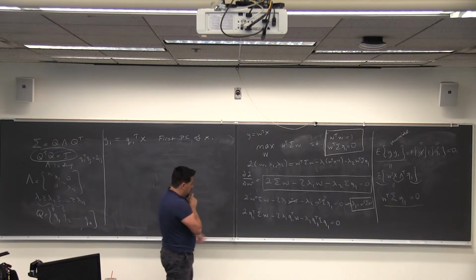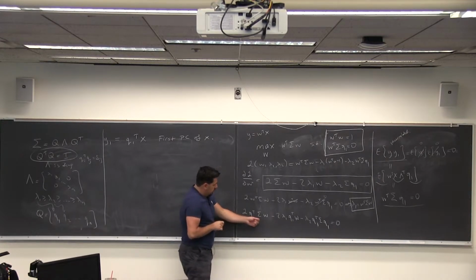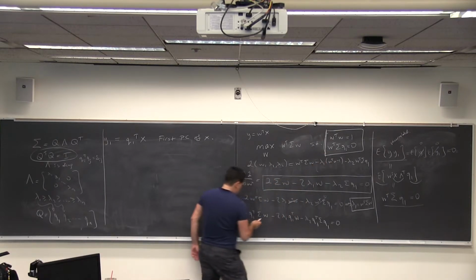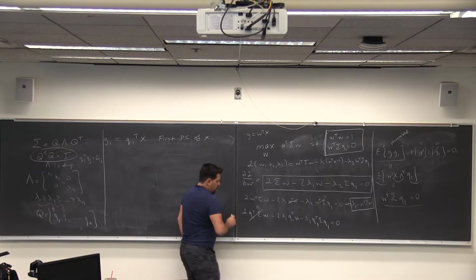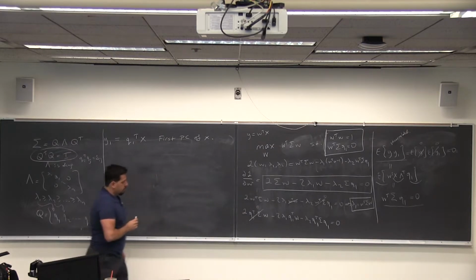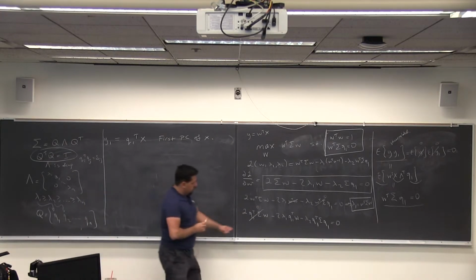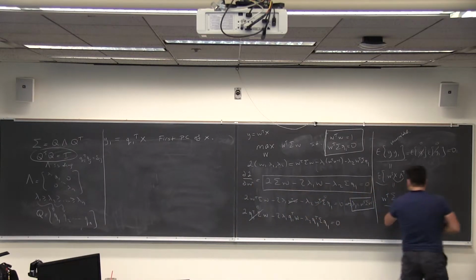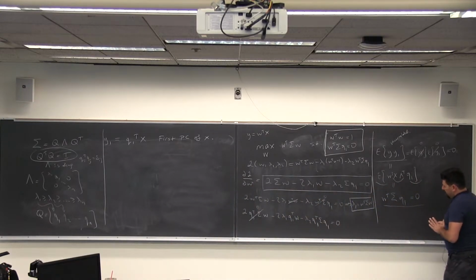Okay, so because sigma is symmetric, this constraint says this first term should be 0. I don't know what to do with this second term here yet, but let's work on this constraint here a little.